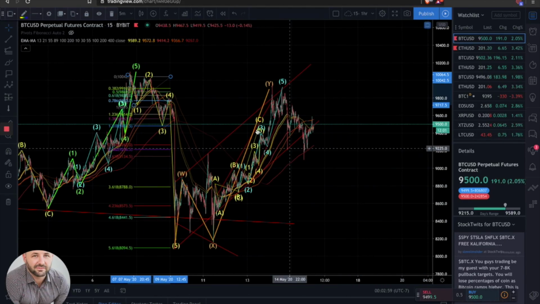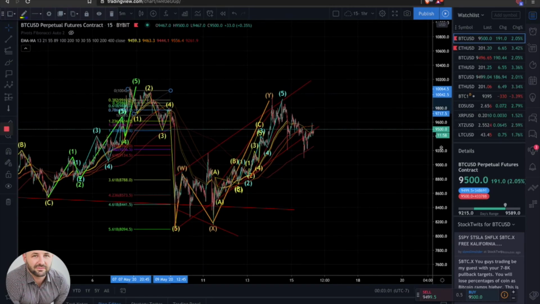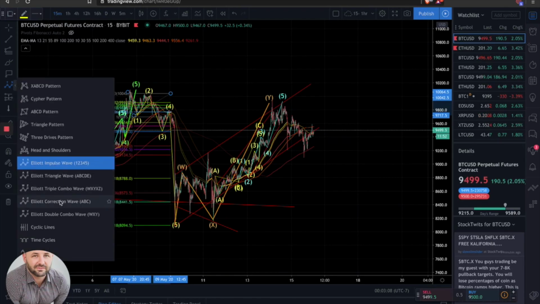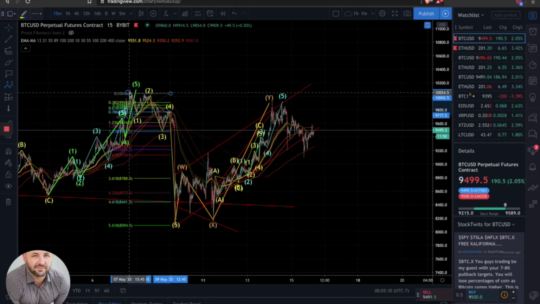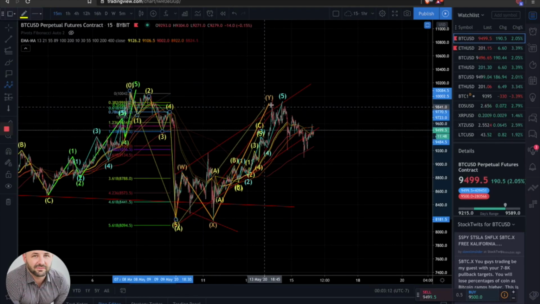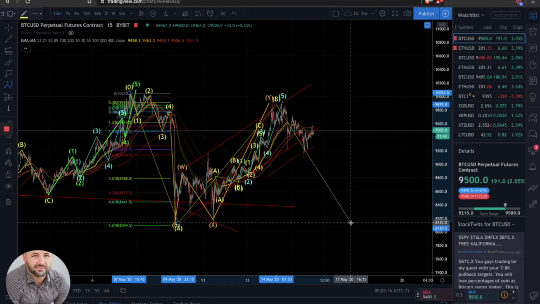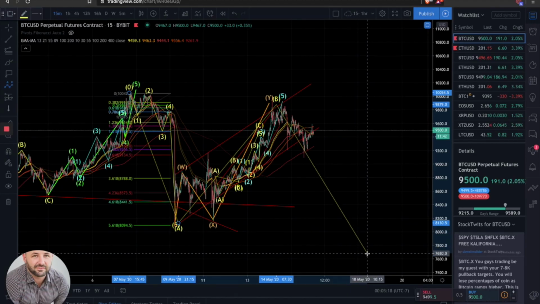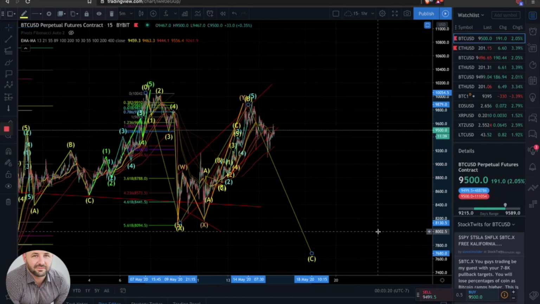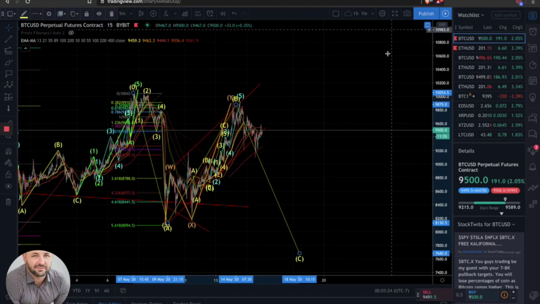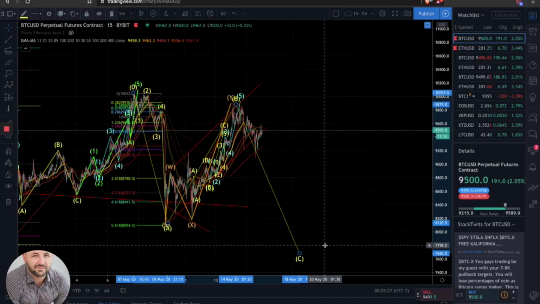Now, again, it could be an ABC structure to make it a 3. So basically something like this here, where we come back, potentially double bottom, go a little bit lower, set a slightly lower low, and then kick off ultimately for a 5th wave to get us up towards the $11,000 mark.